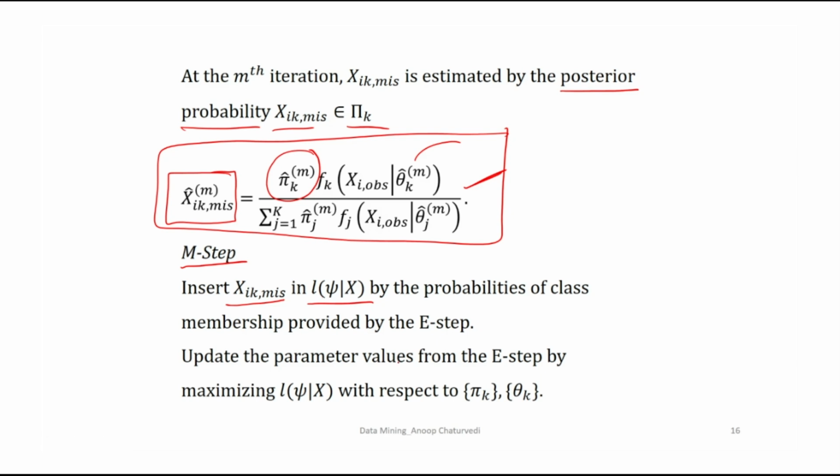Then update the parameter values from the E step by maximizing L(psi given x) with respect to pi_k, theta_k. So, now we have these missing values, or estimators of missing values, from the E step, and then we substitute these missing values in the log likelihood. We maximize it with respect to pi_k and theta_k.